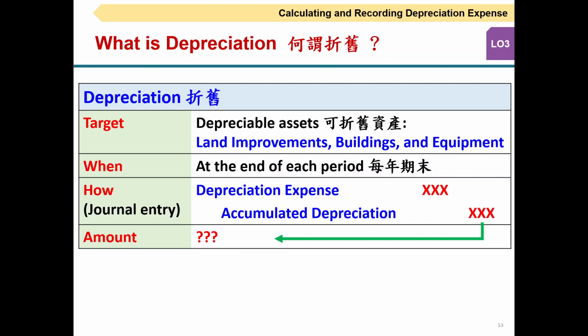Credit, accumulated depreciation. Okay? Why? Because when I used my PP, your PP's value decreased, right? So accumulated depreciation tell you your PP's value decrease. At the same time, your expenses increase. So debit depreciation expense, credit accumulated depreciation.